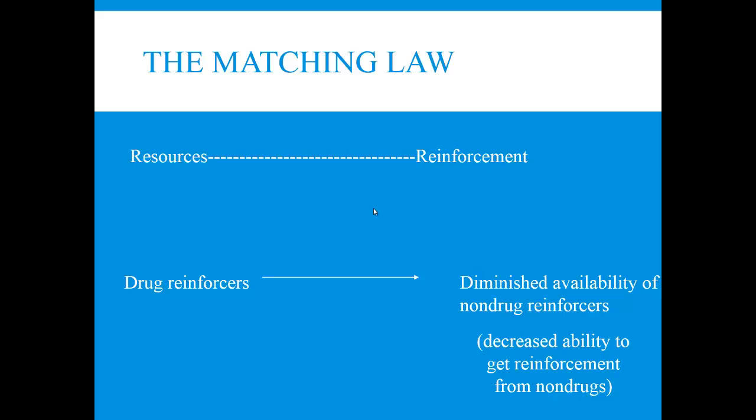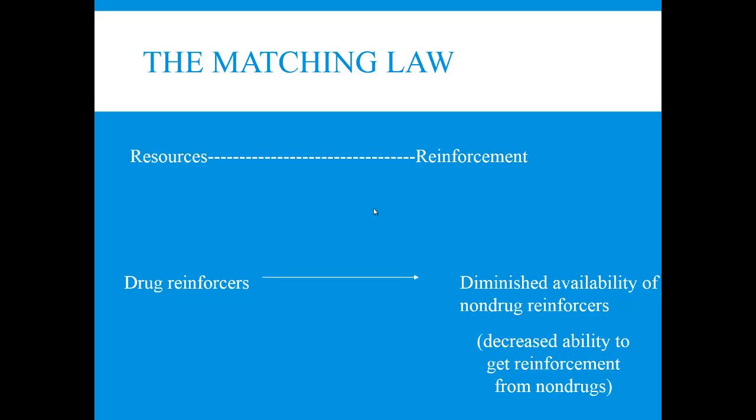Now, let's talk a little bit about something called the matching law. When we talk about individuals trying to get drugs and the reinforcement that drugs might provide for an individual, what the matching law says is that an individual is going to match resources, what they're willing to invest in trying to get a drug, to the expected reinforcement.